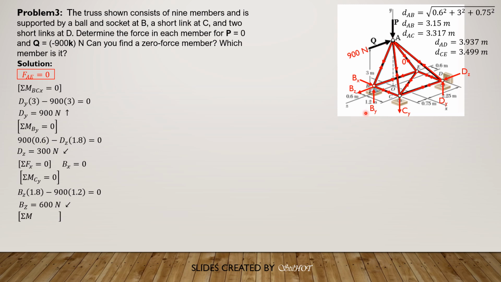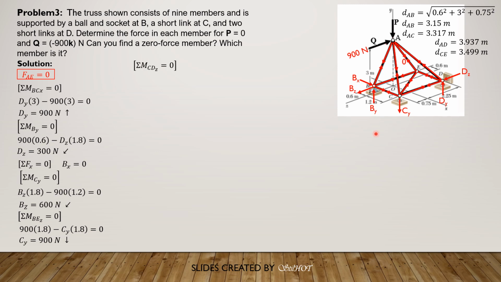So we only have By left, so summation moment about Dez to solve for Cy. So Dy is already solved, it's positive, 900 times 1.8 minus Cy times 1.8 equals 0. So Cy is equal to 900 newtons downward.